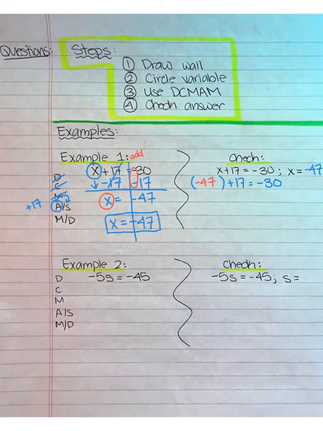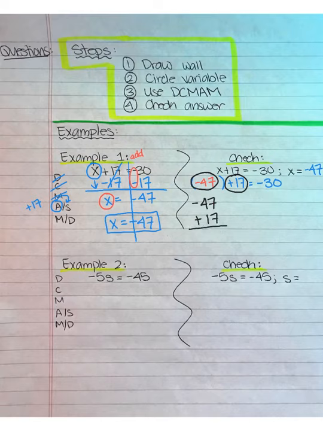So we want to see if that's true. Since it's an addition expression, I do want to go through my CSAs. So I'm going to circle. I'm going to stack negative 47 on top of a positive 17 because it has the bigger absolute value.